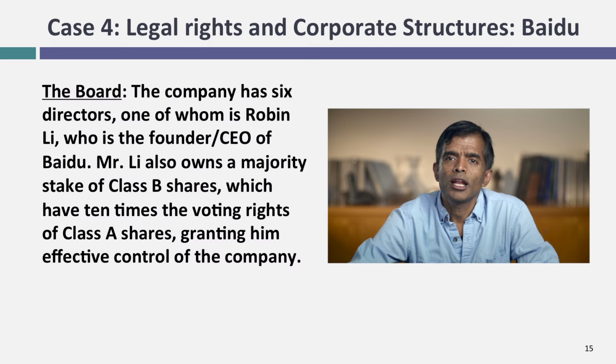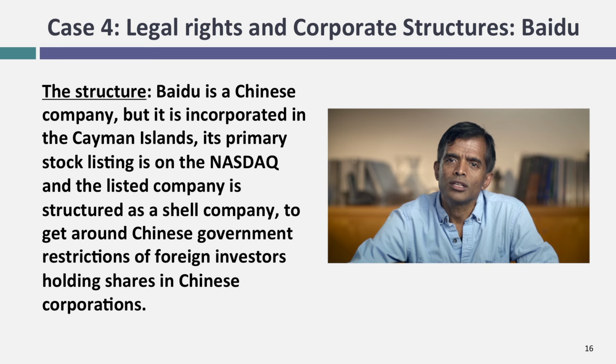The fourth company that I looked at was Baidu, and Baidu has a very unique holding structure. When you buy shares in Baidu, you're not buying shares in Baidu, the Chinese search engine. You're buying shares in Baidu, the Cayman Islands shell company. That company has a legal arrangement with the operating company in China, allowing it to run the company and collect the profits.